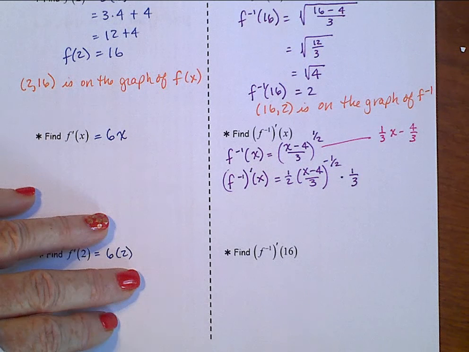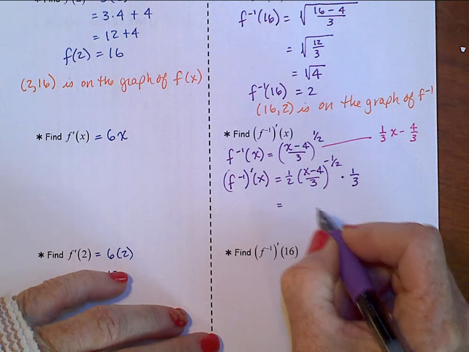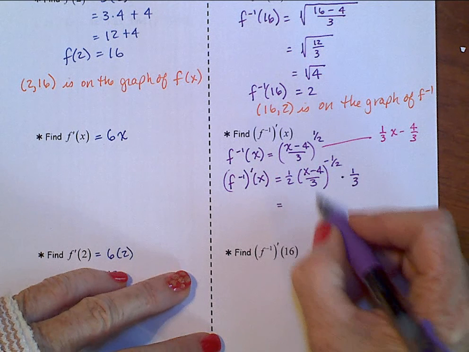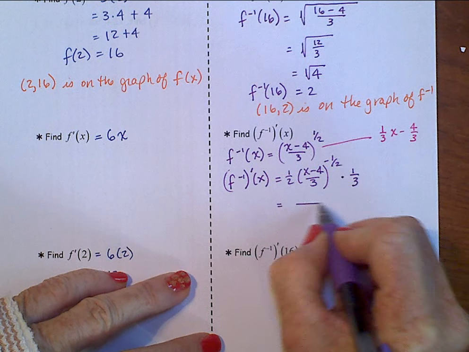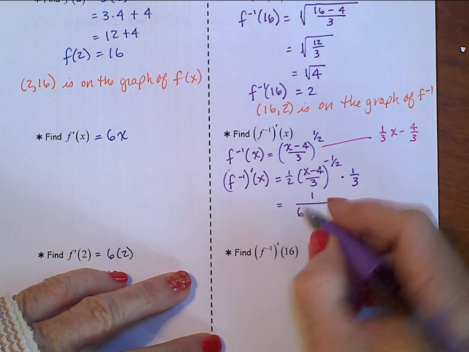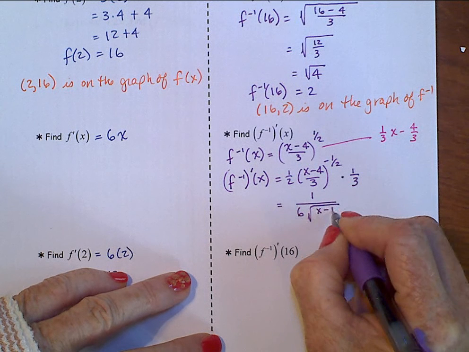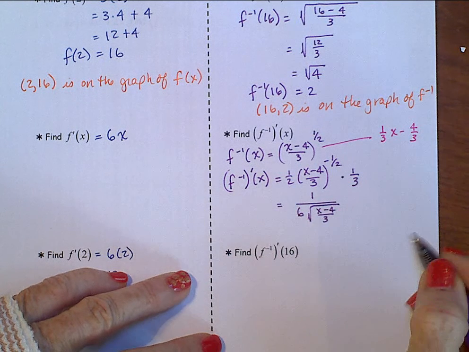And if we clean this up a bit, this is going to be 1 over 6 times the square root of x minus 4 all over 3.